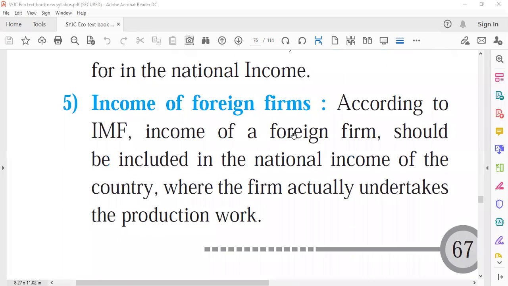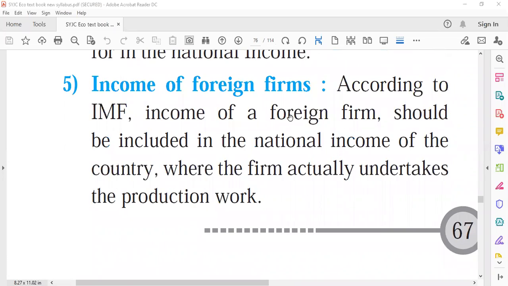Another difficulty that we face over here is the income of foreign firms.